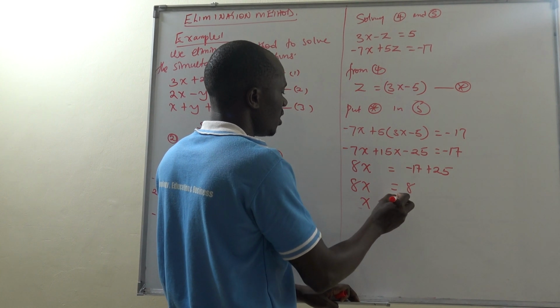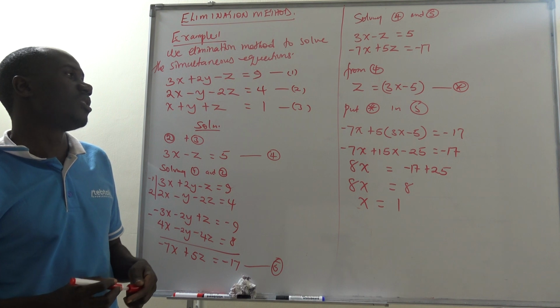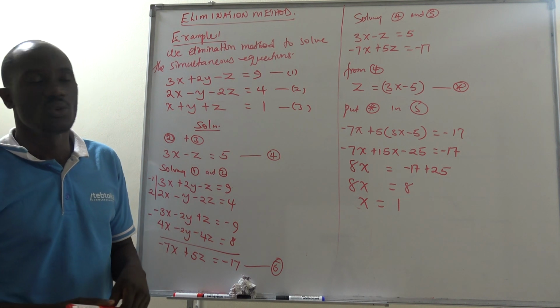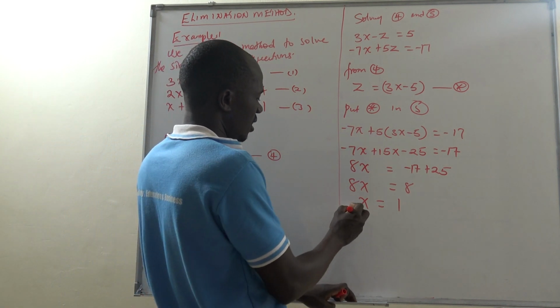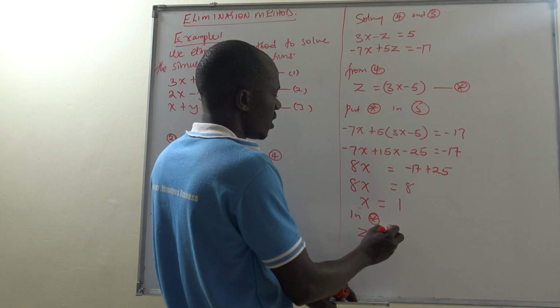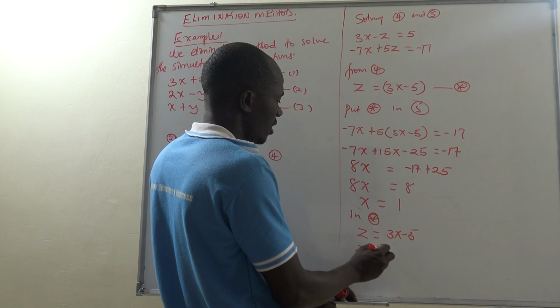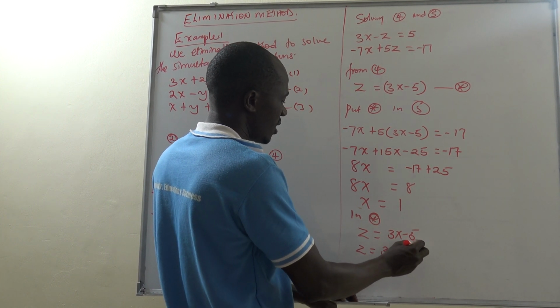So x is 1. After getting x is 1, you are free to substitute in and come out with the value of z. In star, z equals 3x minus 5, so z equals 3 into 1 minus 5.